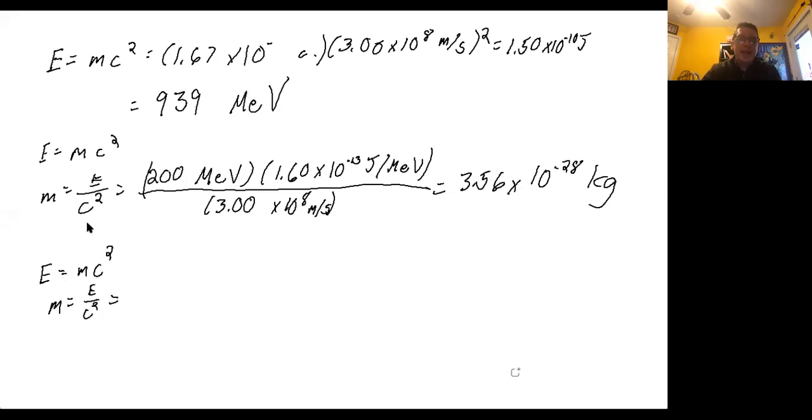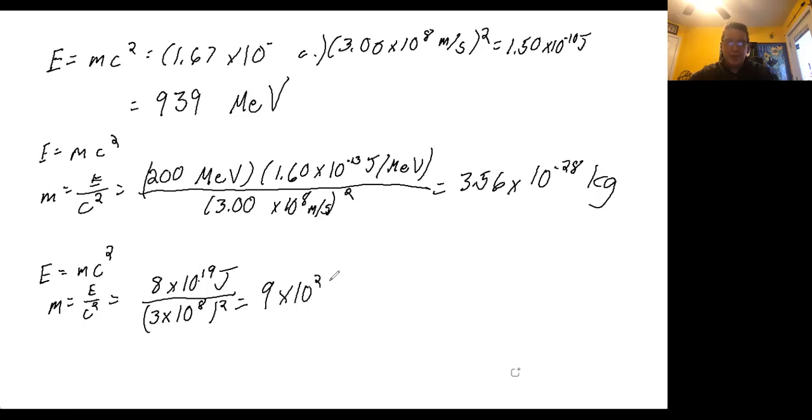So the energy is 8 times 10 to the 19 joules, and you're dividing that by c squared. So that's 3 times 10 to the 8th, and you're squaring it. And so that gives 9 times 10 to the 2 kilograms.